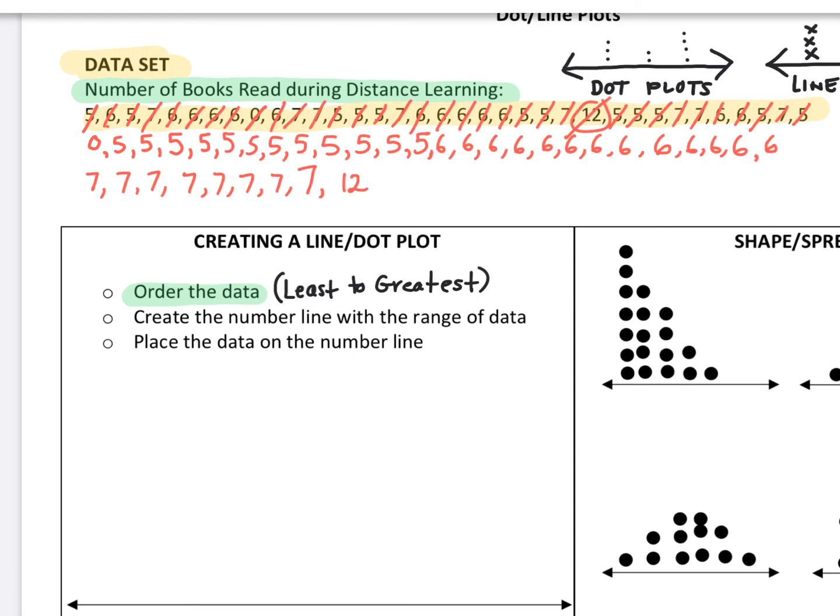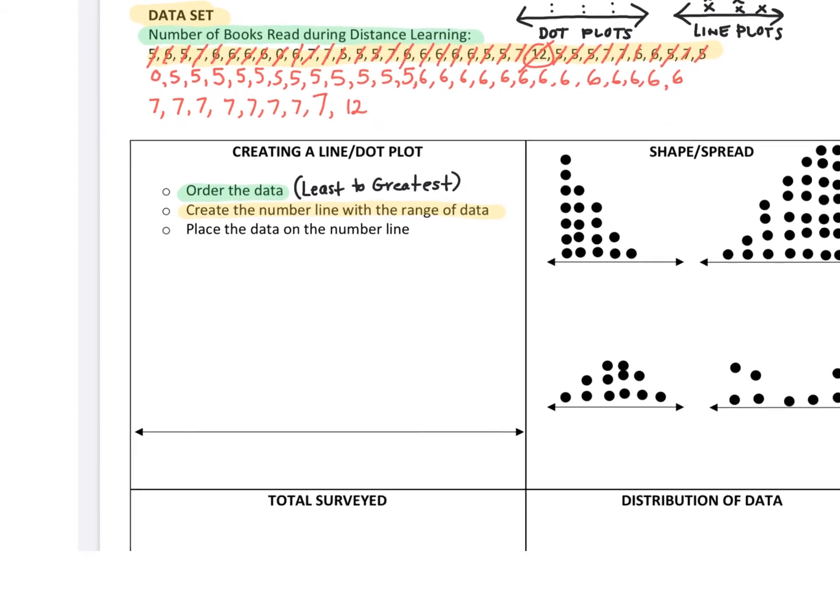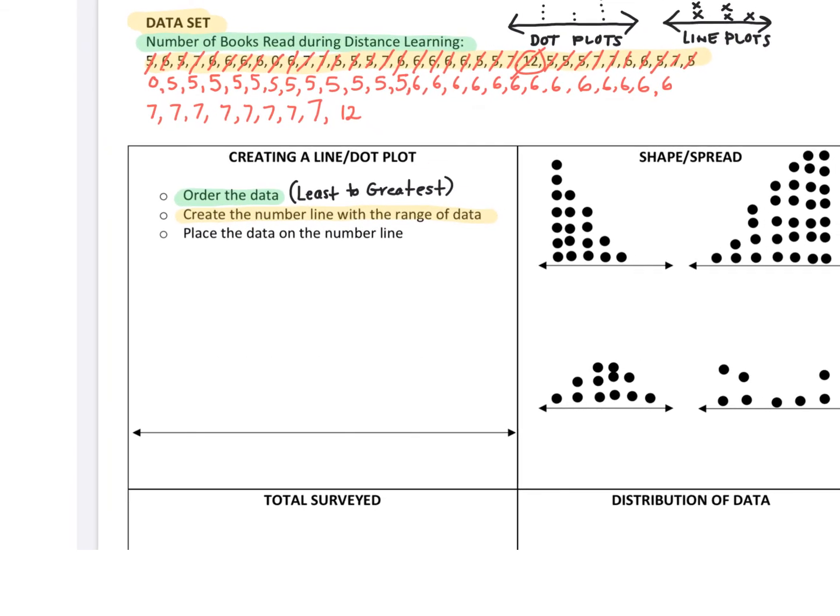So the next one says, create the number line with the range of data. So I'm going to create my number line down here. My smallest number is 0 and my largest number is 12.